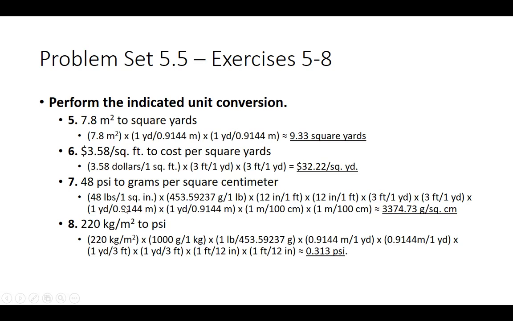We can do the math now. 48 divided by 1 times 453.59237 divided by 1 times 12 divided by 1 times 12 divided by 1 times 3 divided by 1 times 3 divided by 1 times 1 divided by 0.9144 times 1 divided by 0.9144 times 1 divided by 100 times 1 divided by 100.